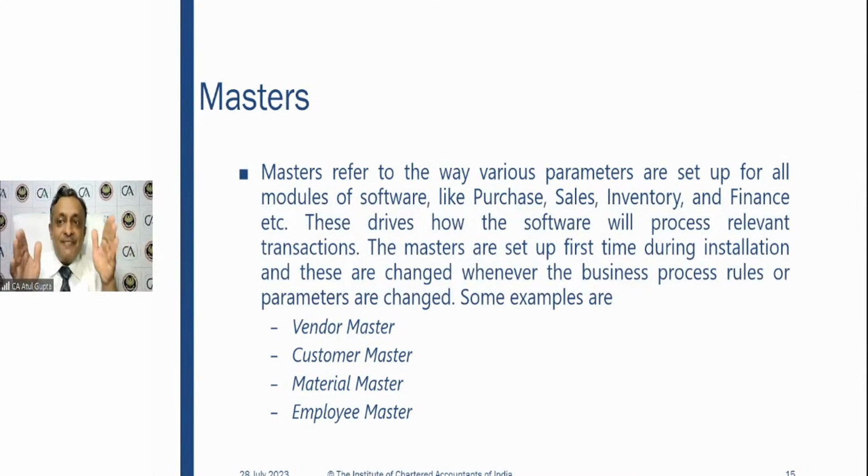You have answered many questions on that. I am giving you a hint. So I request you to write in the chat what items you are going to define in material master as a part of master of materials. Then employee master. Employee master is the salary, the components of the salary, the deductions, all that will be part of employee master. So that will be part of master configuration.